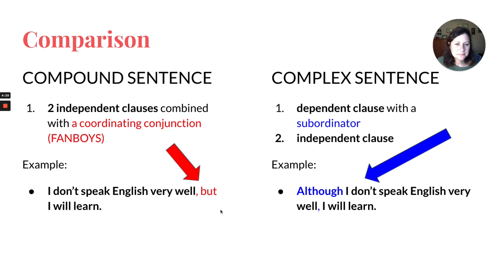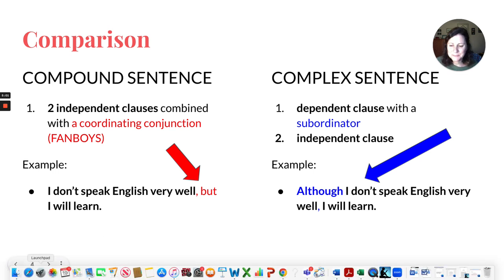I will learn. On the other hand, a complex sentence has a dependent clause with some kind of subordinator and an independent clause. For example, although I don't speak English very well, there's my dependent clause, and although is the subordinator, making it dependent. And then I have a comma, and then I have my independent clause, finishing the thought. Although I don't speak English very well, comma, I will learn.